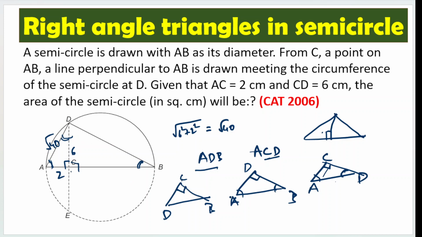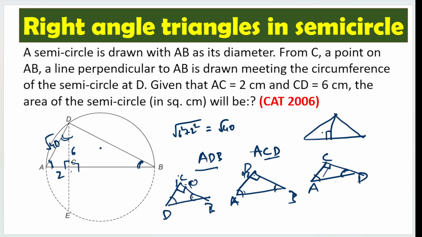DCB is a right angle. Similarly, ADB is a right angle. So D corresponds to C. Angle B is the same in both places. So CDB should be equal to DAB, because this is 90 degrees in both places and this is the same angle B. So the third angle should be equal to the third angle.